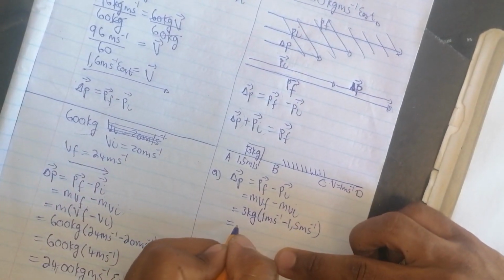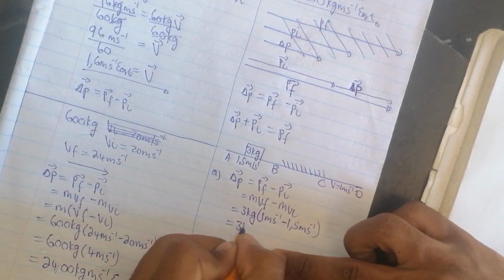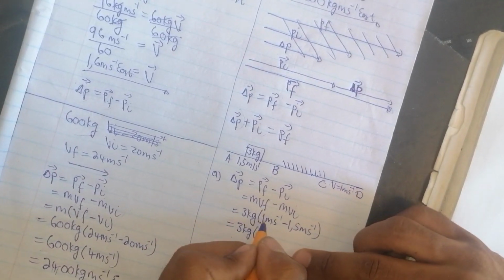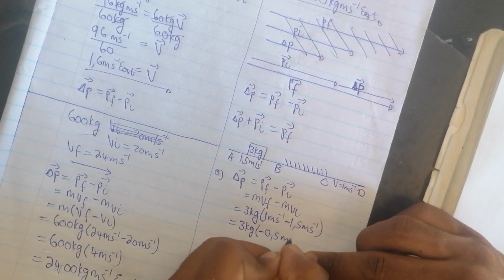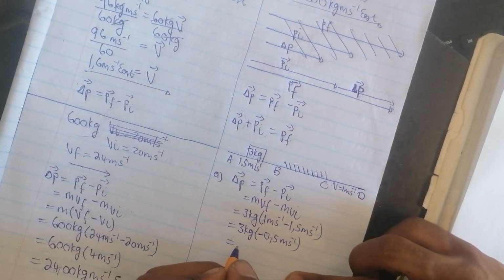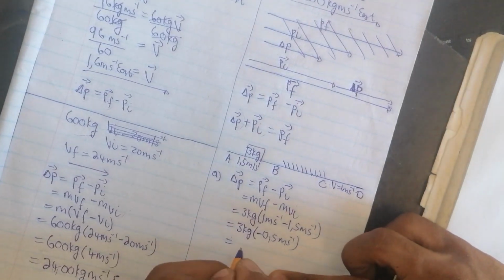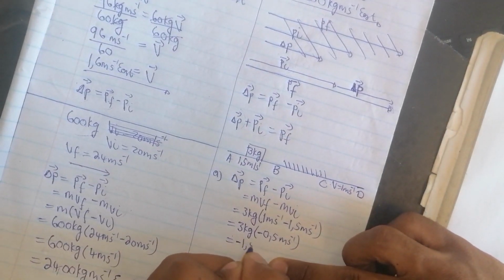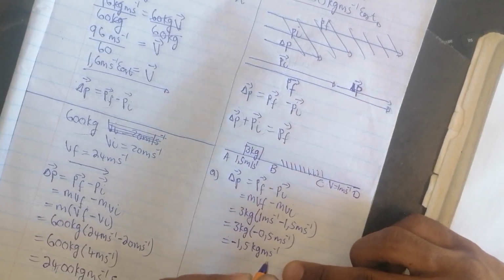So this would give me 3 kilogram times (1 minus 1.5), which is minus 0.5 meter per second, and that should give us a negative value: negative 1.5 kilogram meters per second.